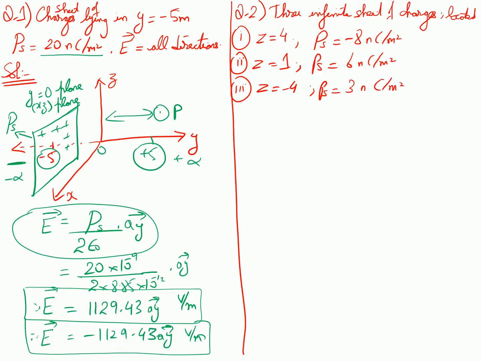We need to find the electric field at these points: A, which is 2, 5, -5. Then we want to find the electric field at point B, 4, 2, -3. Then at point C, that is -1, -5, 2.